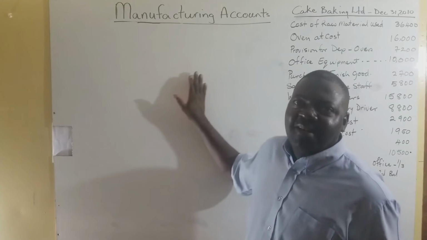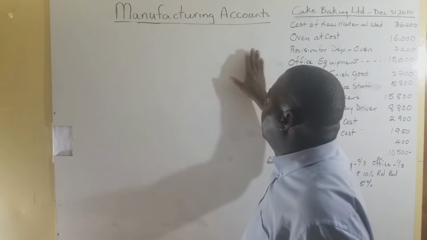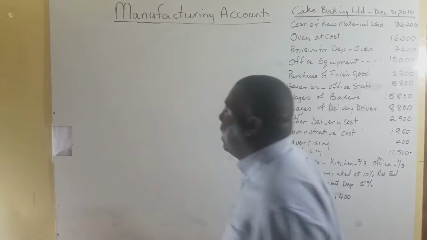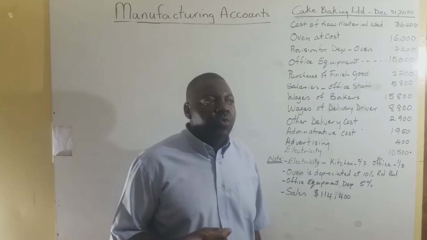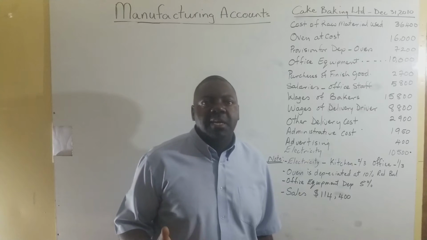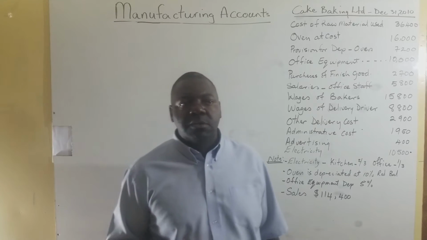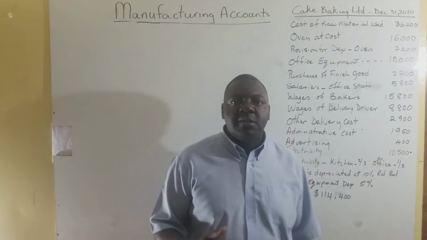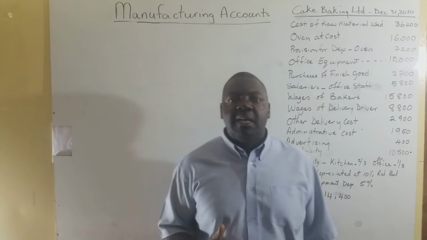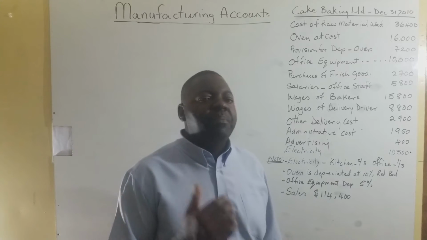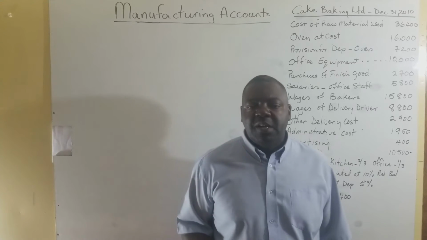We are on the second phase of the manufacturing account. We have spent the time earlier in our previous lesson to look at the concepts relating to manufacturing account and to provide some simplified explanation of these concepts, as well as we have showed you how to prepare a manufacturing account.